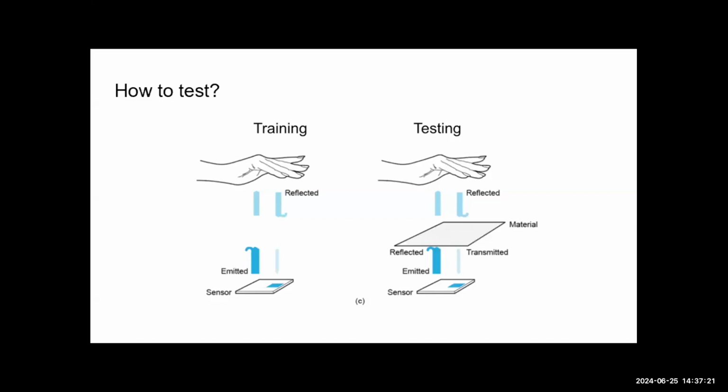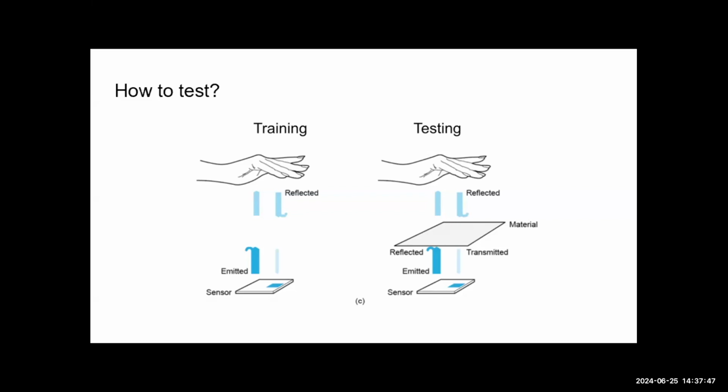So how do we test the system? First we get the data. When we are training the model, we get the data in a no material condition. You have the sensor here, and between the sensor and the gesture you don't have any material, and we get the data.